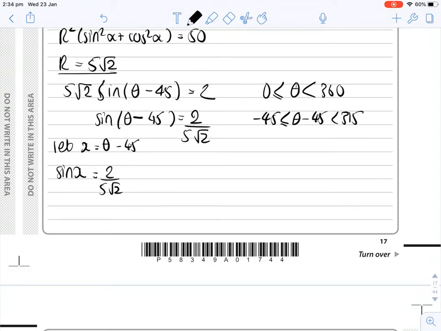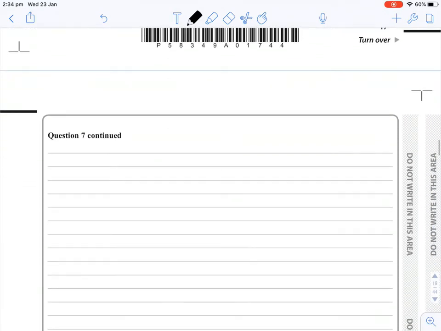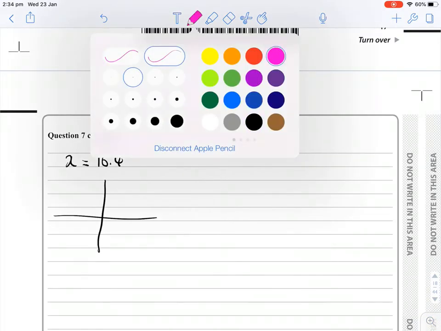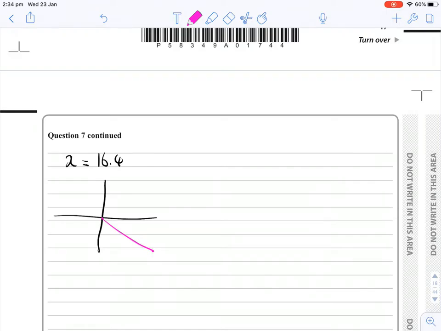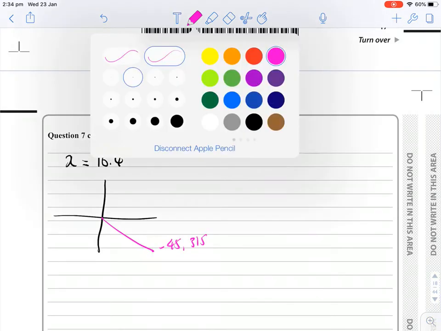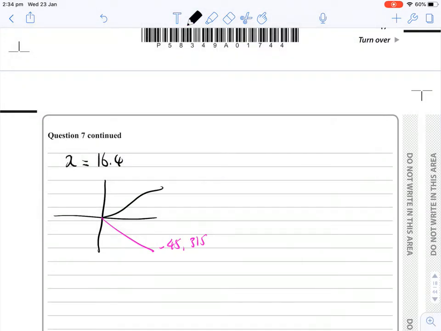where x is between minus 45 and 315. So inverse sine of 2 over 5 root 2 will give us an x value of 16.4 degrees. So we've got minus 45 and 315 here, and we've got 16.4 here.